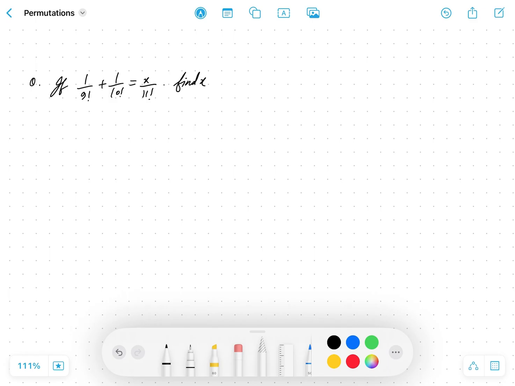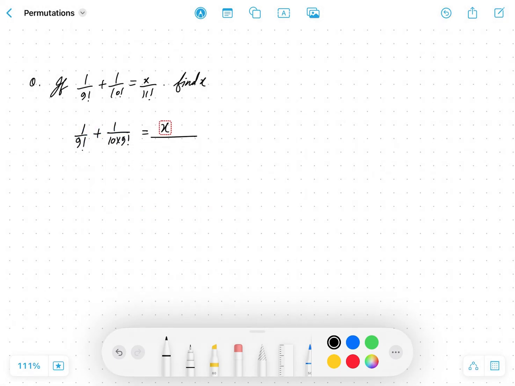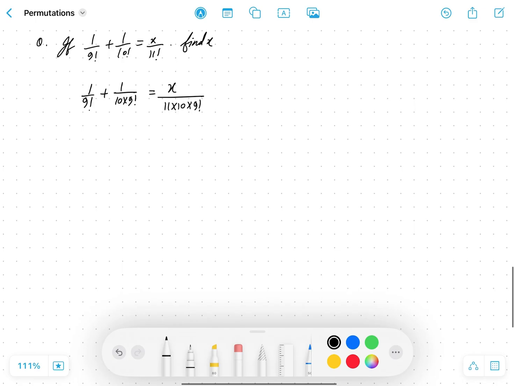Now, in order to solve this, we can write 1 by 10 into 9 factorial, which is equal to x by 11 into 10 into 9 factorial.